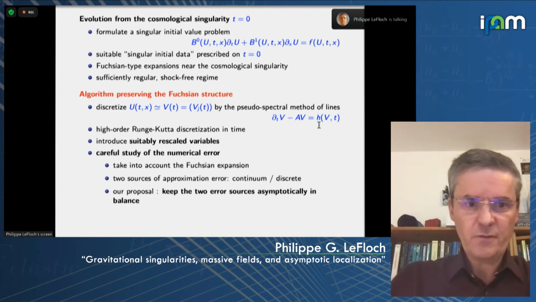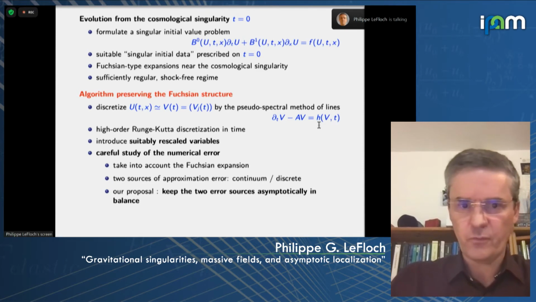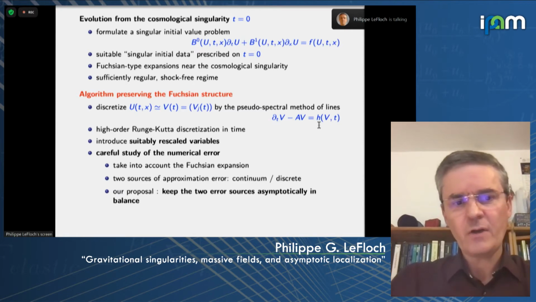What we have done here is to carefully study the source of numerical error in this situation. We have a singular PDE. It has 1 over t terms. As t goes to 0, it's really singular. And what we have understood here is that we have two sources of error.